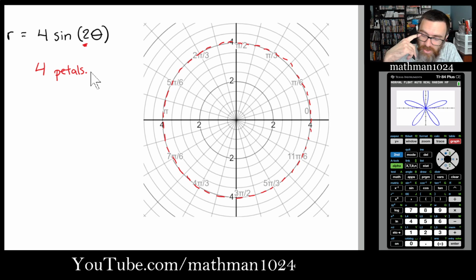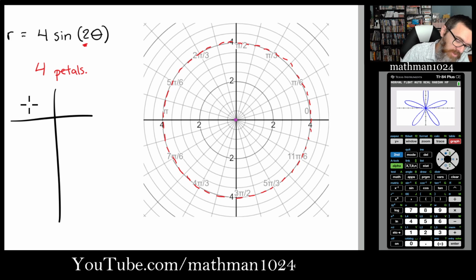All right, so let's think about how this is going to be built. For all of the cosine ones that are flowers, you're going to be starting here at the max value. But sine is different, right? Because if I start here at theta equals 0, sine of 0 is 0. So he's starting right there. Where do I go? Well, let's do this, because maybe it's easier this way.